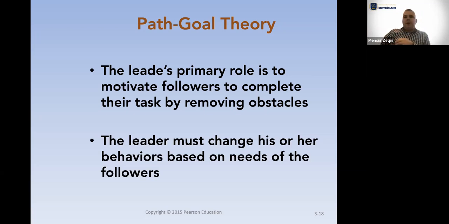By doing so, leaders allow their subordinates to fulfill their needs. So in these cases, leaders reach their own goals as well. That's why leaders must change their behavior based on the needs of their followers.